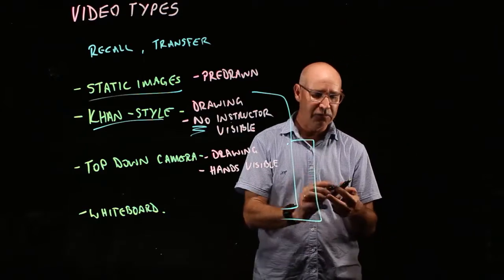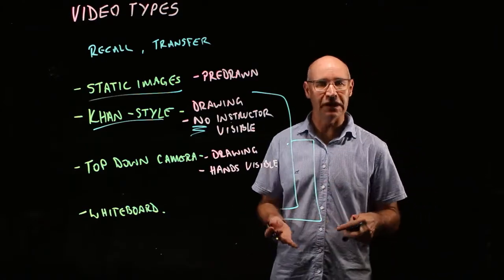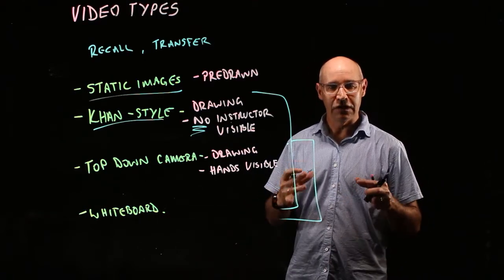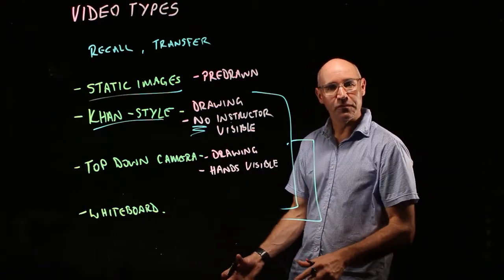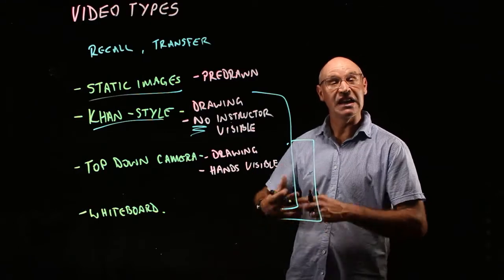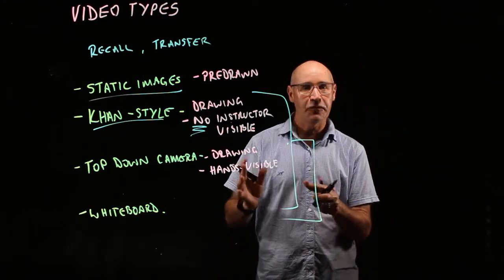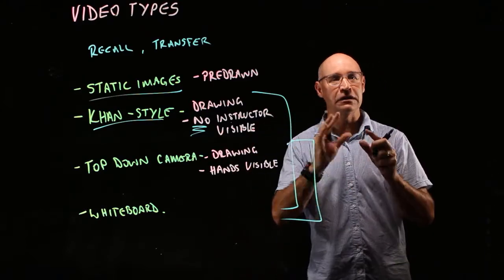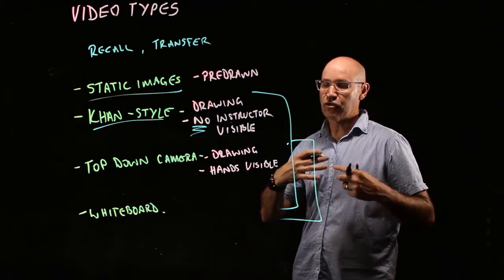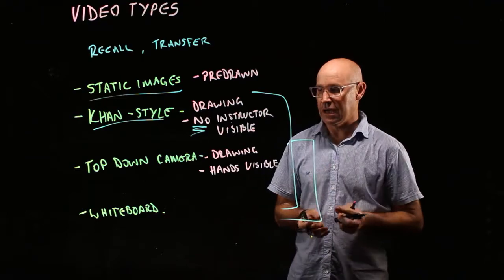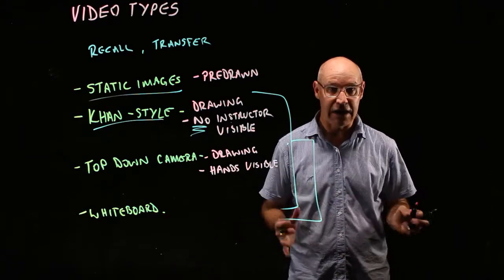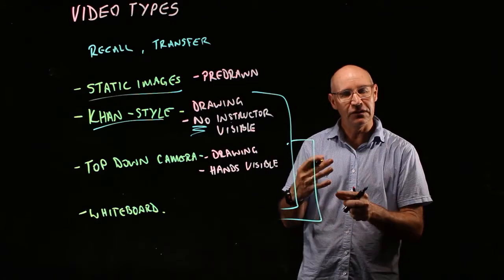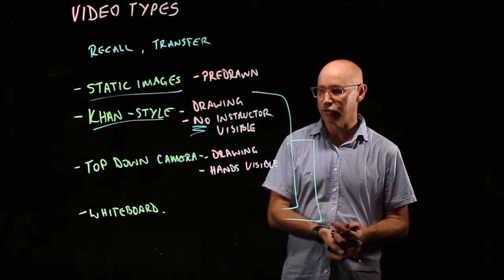Why would that be the case? Possibly due to imitation and demonstration. We've evolved to learn from other people, from demonstration and imitating other people. If you're working through a maths problem, balancing an equation, demonstrating how to draw a graph or to triangulate a map, being able to see the instructor's hands is very important.